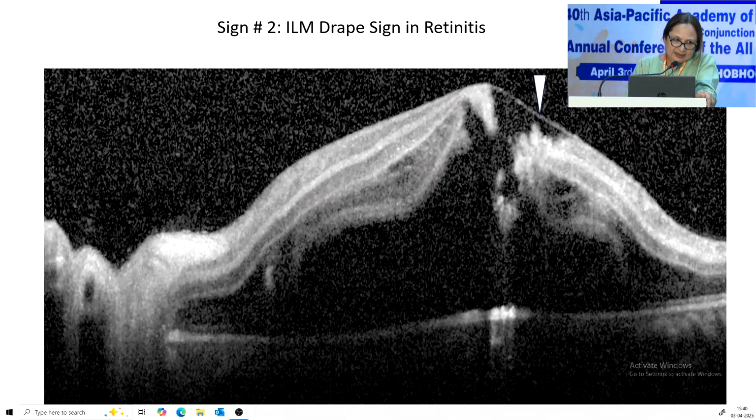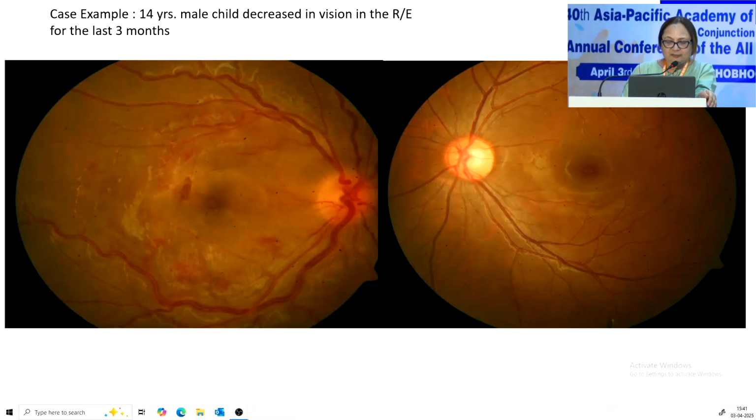The second sign which you should not miss is the ILM drape sign. And again, the arrowhead indicates once you see this ILM drape, this is a sign of retinitis. It's mostly infective and mostly viral. Now, this is an example of a 14-year-old child, decreased vision in the right eye for the last 3 months.